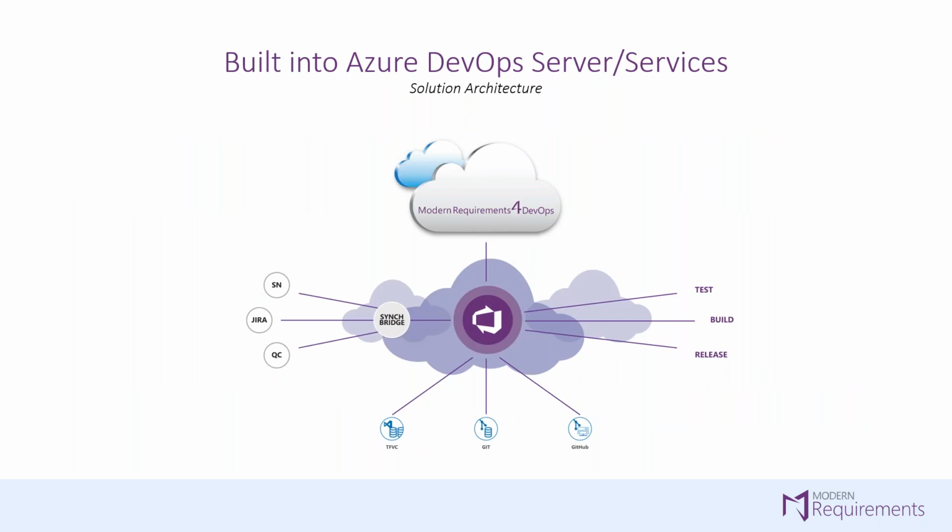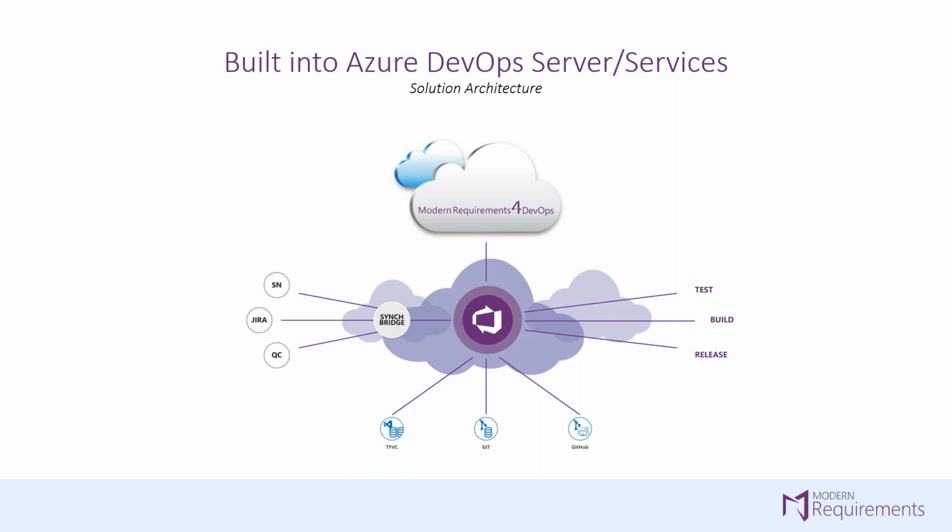Now, of course, when you talk about requirements management, you can't talk about it without talking about the whole bunch of other things you have to consider. So you want an integrated ecosystem of solutions, whether you're looking at test management, build management, release management, integrating with various source control systems like Git, or integrating and syncing data with a variety of other systems like Jira or QC and so on.